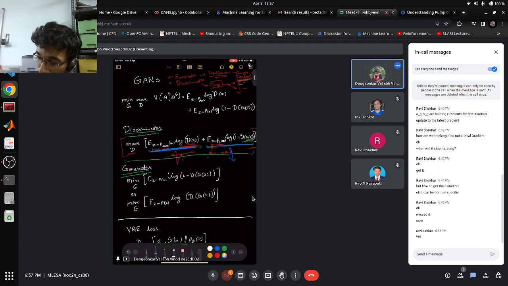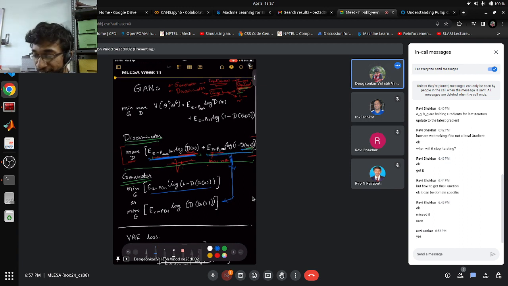Yeah, and that is this part. We can frame it as minimizing this thing. Basically the generator has to keep on generating images which are closer to reality, so that the discriminator is not able to correctly classify them as fake.